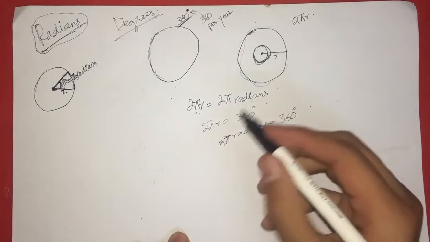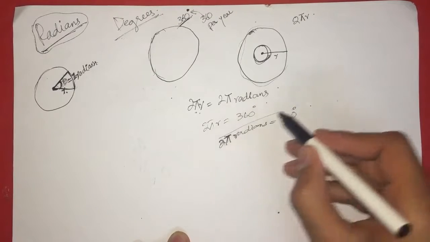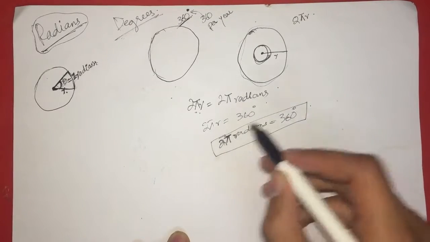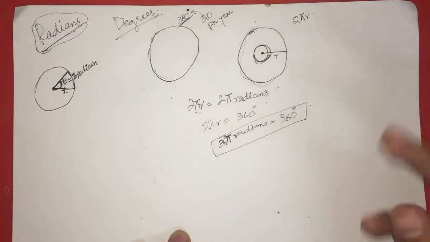If you can remember this formula, you can pretty much convert any degrees or radians into the respective radians and degrees.